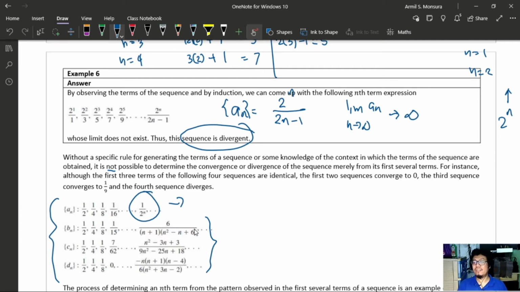And here some of the sequences would converge, some of them would diverge. For example, we know for a fact that this would converge. We know that the limit of 1 over 2 raised to n as n approaches infinity is 0. We have already said that one. This one, the limit of 6 over (n plus 1) times (n squared minus n plus 6), as n approaches infinity, can be evaluated this way.